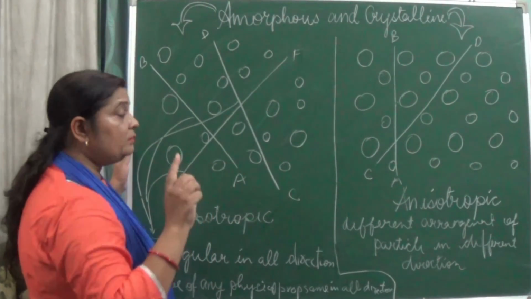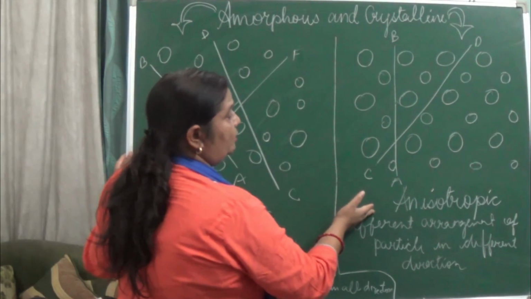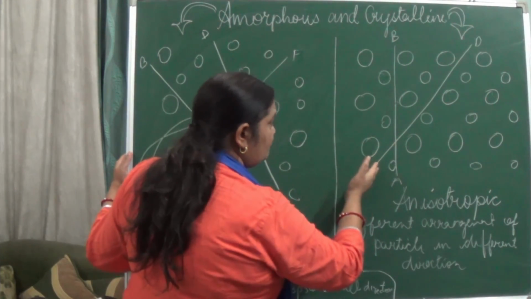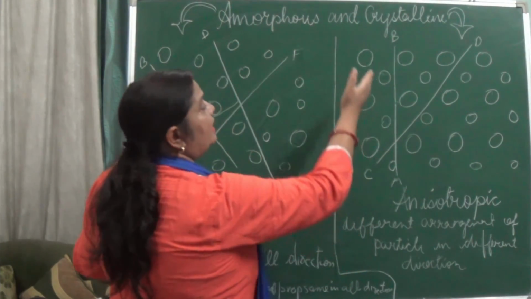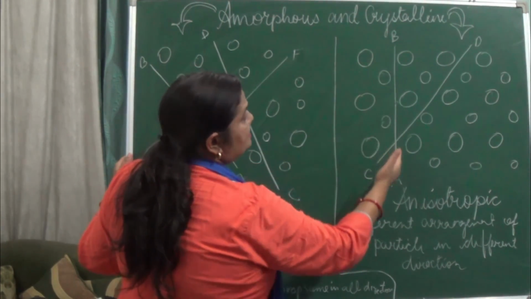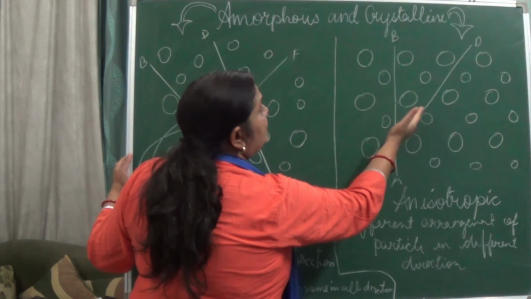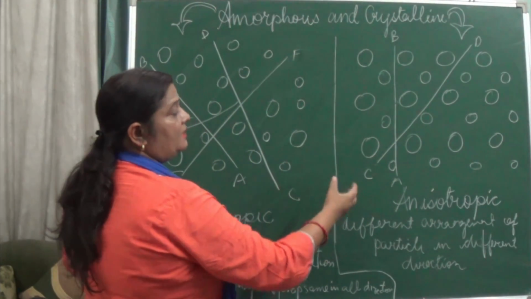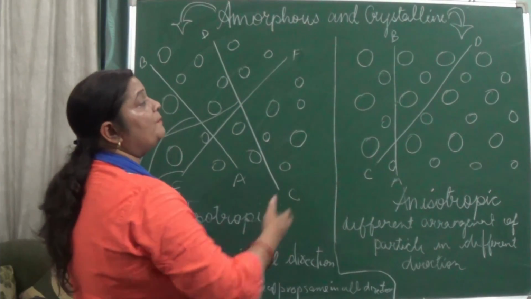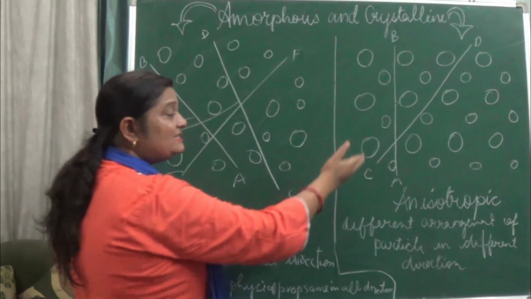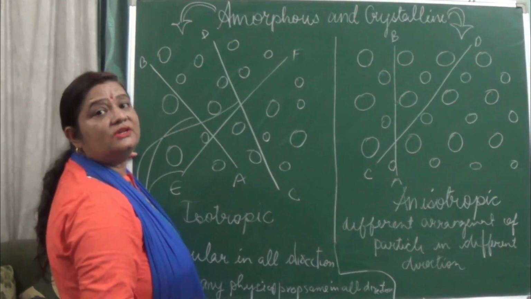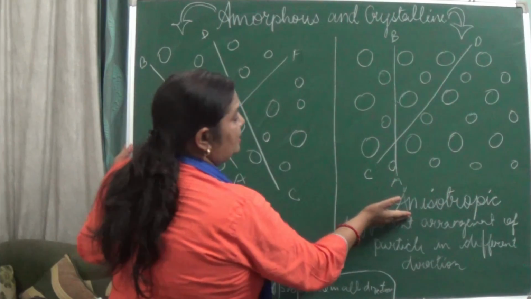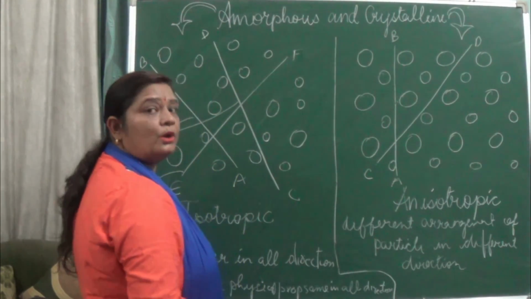But this doesn't happen in anisotropic, because when it is seen from different directions the arrangement is different, and as a result its physical properties become different when seen from different directions, and that property is known as anisotropic in nature.